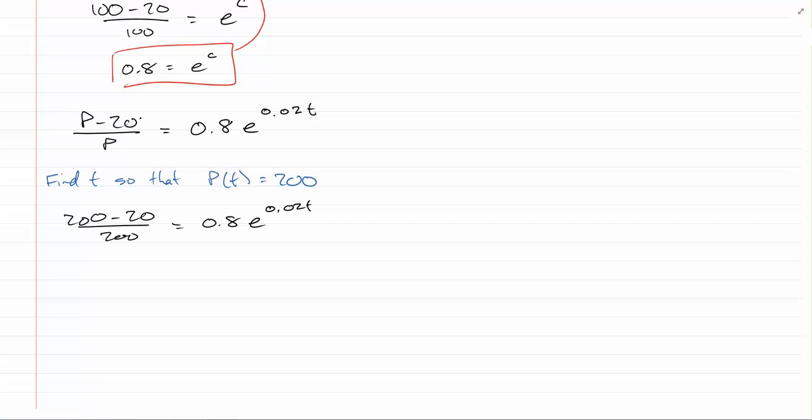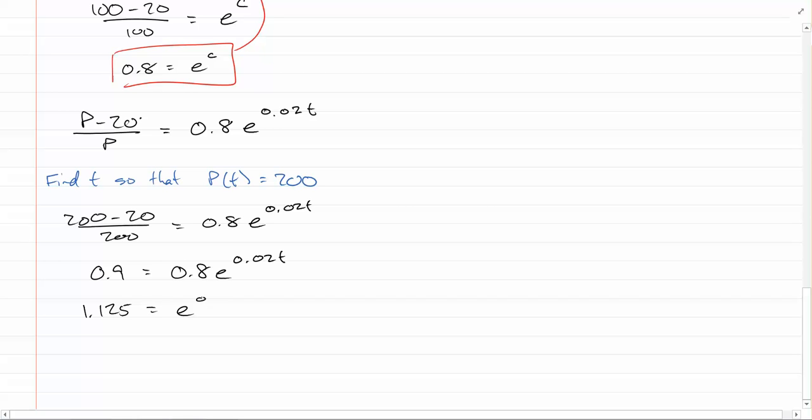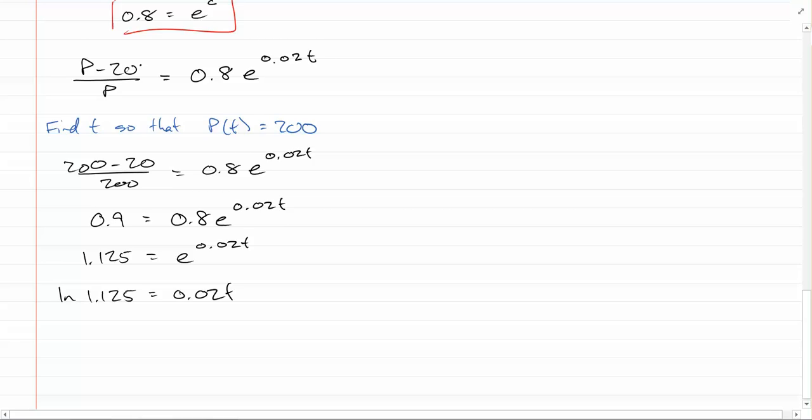The left hand side would be 180 over 200, that's 0.9. So 0.9 equals 0.8 e to the 0.02t. If I divide both sides by 0.8, I'd have 1.125 equals e to the 0.02t. So the natural log of 1.125 would be 0.02t.